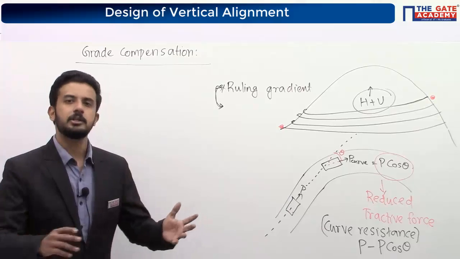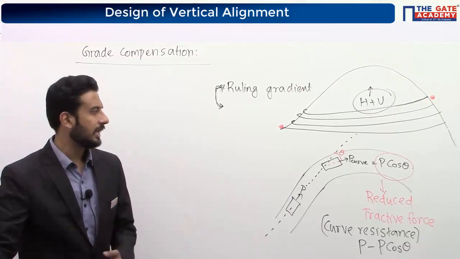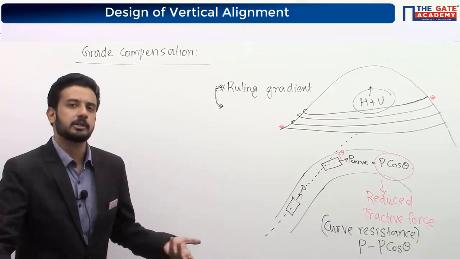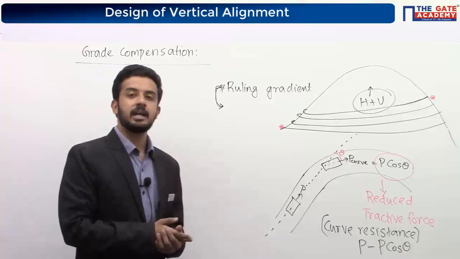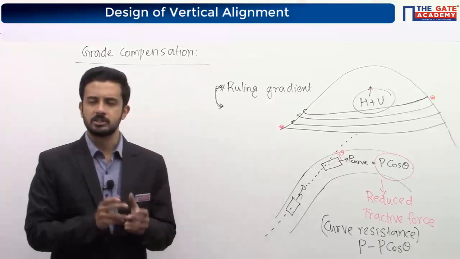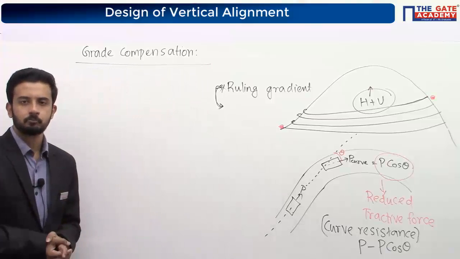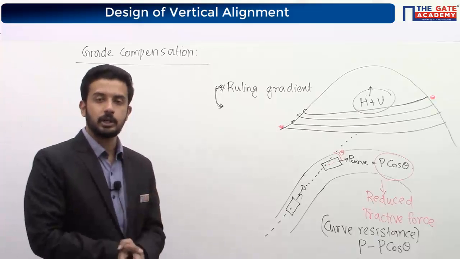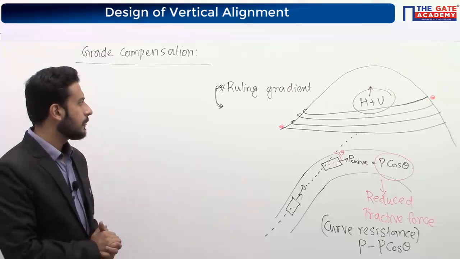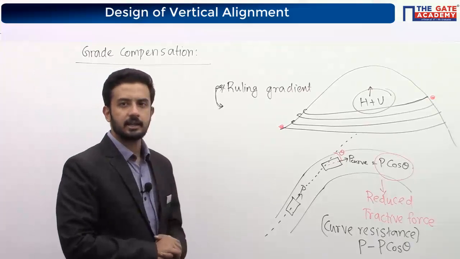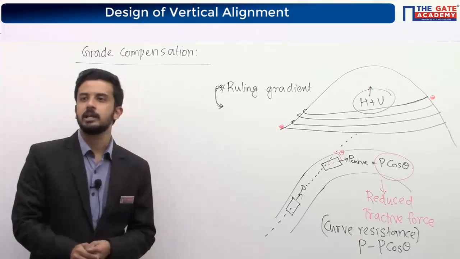Resistance means what? Resistance for the movement. Okay. Vehicles will experience a very high resistance for the movement. That's it. So the gradient of the vertical curve has to be decreased.